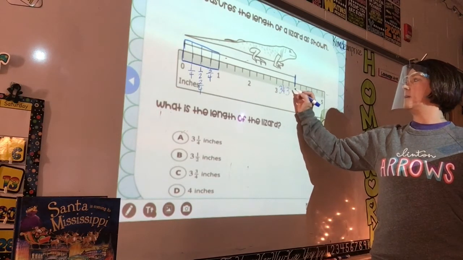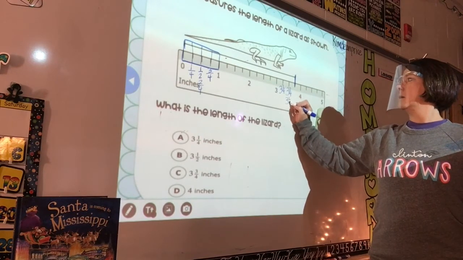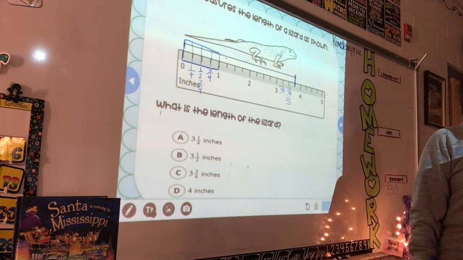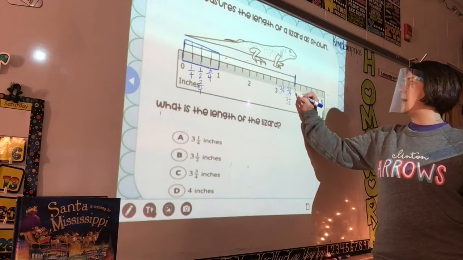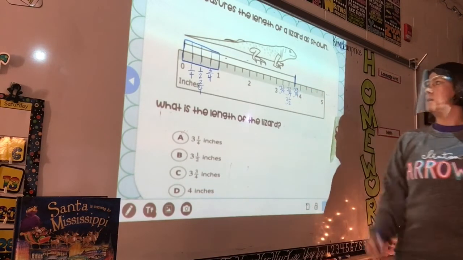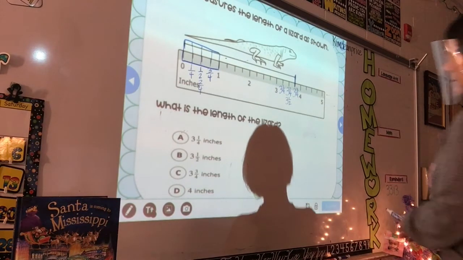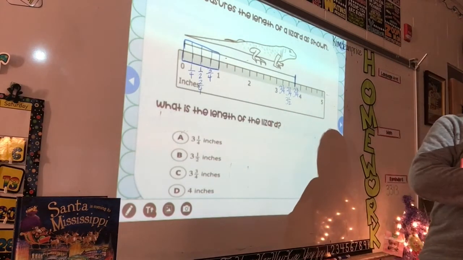Good. 3 and 2/4 or 1/2. Remember that 2/4 is equal to half. And then 3 and 3/4. Good. So where does that lizard stop? 3 and 3/4. So you should get C. So do y'all see what we're doing on the rulers?